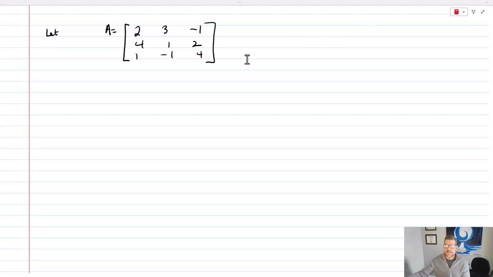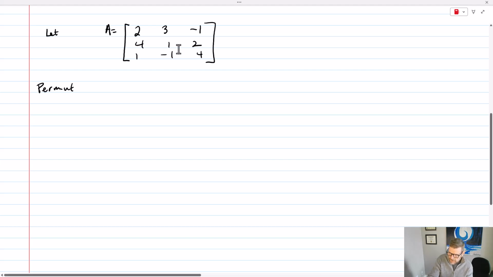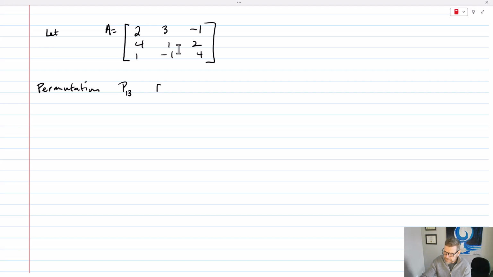Let's suppose that I have this matrix A, and A is 2, 3, negative 1, 4, 1, 2, 1, negative 1, 4, and it's 3 by 3. Now what I'm going to do first is this thing called permutation, where I switch two rows. In this case, I'm going to permute row 1 and row 3, and I'm going to write that in my notation as P13.